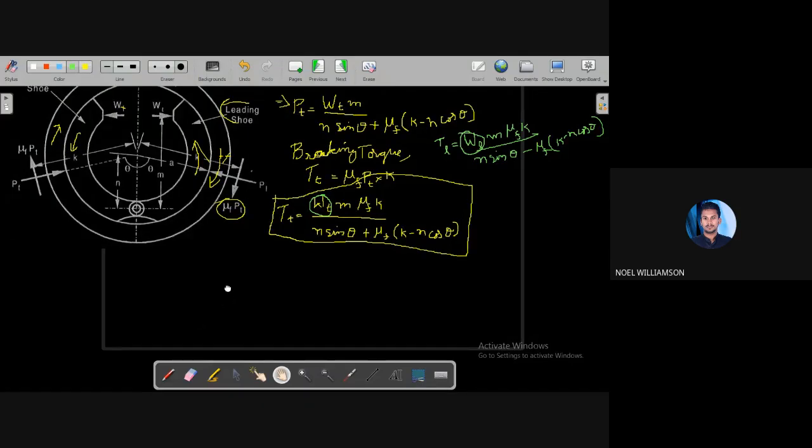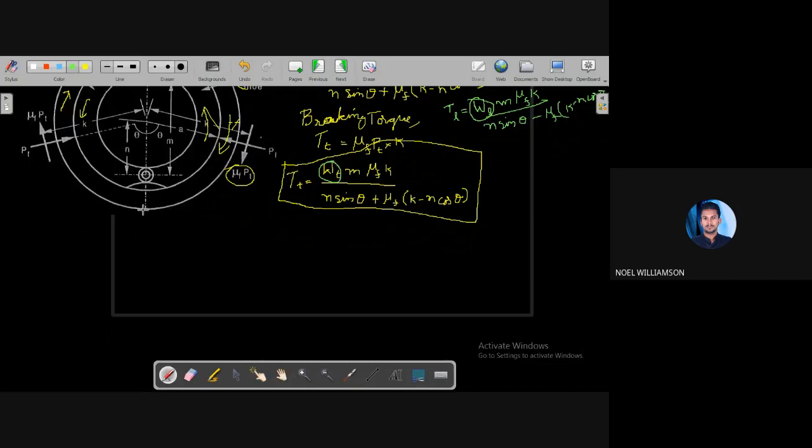In that case, WL will be equal to WT, and we give it a value WA, and also the angle theta equal to 90 degrees. So when theta is 90 degrees, sin theta equals 1 and cos theta equals 0.